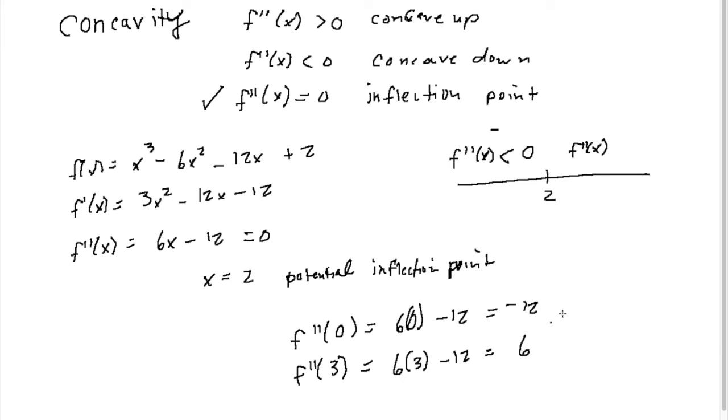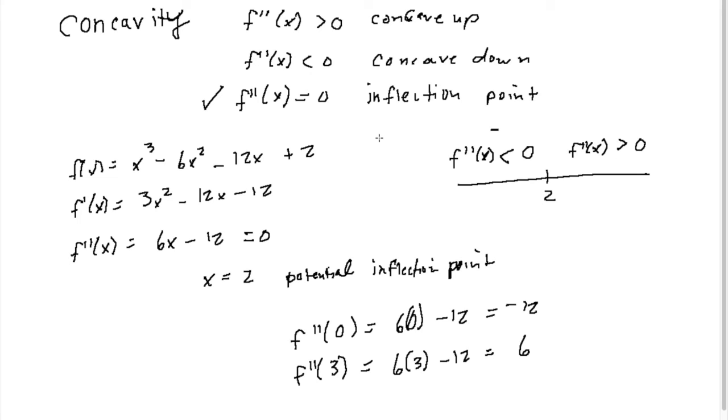Looks like we're going to have 6. So to the right, the value of the second derivative is greater than 0. So looking back at our definition, we would say this graph is concave down to the left of 2 and concave up to the right of 2. So at 2, there must be an inflection point because the graph changes from concave down to concave up.